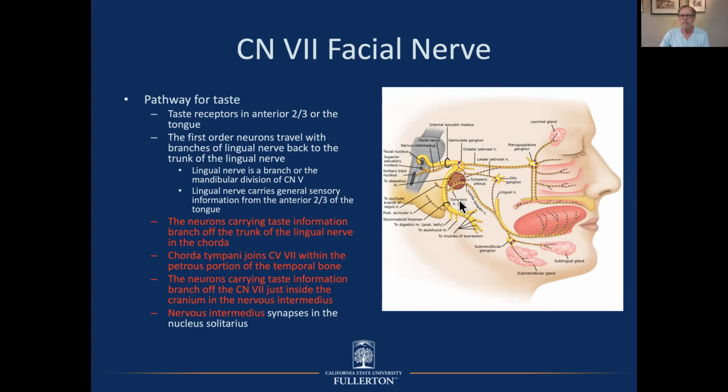It gets the name tympani from the tympanic membrane. So it's running very close there, and it comes back through the chorda tympani and goes through the petrous portion of the temporal bone, and then it finally enters through this nerve called the nervus intermedius.